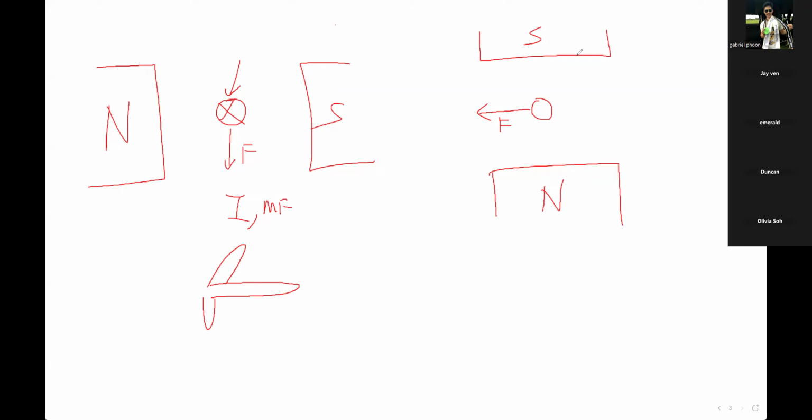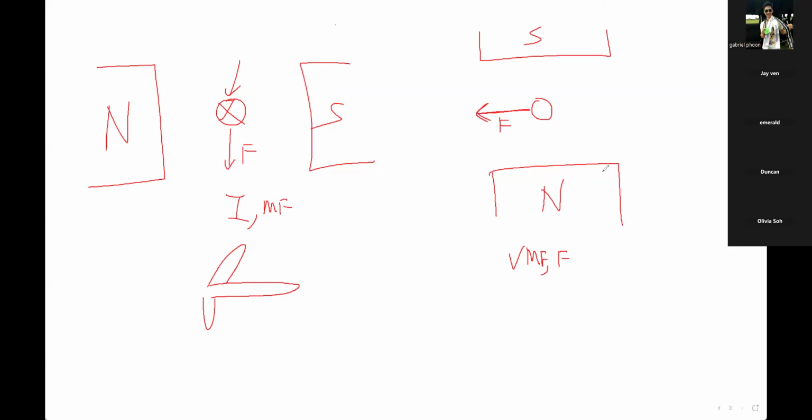Guys, this is a cross-sectional view of the wire. If you look at it in 3D, maybe it'll look something like this, but I didn't bother to draw it in 3D because of the limitation of my drawing skills. What you're supposed to do is use your Fleming's right-hand rule, because this time we're given the magnetic field and the direction of the force, which is pushing it to the left.